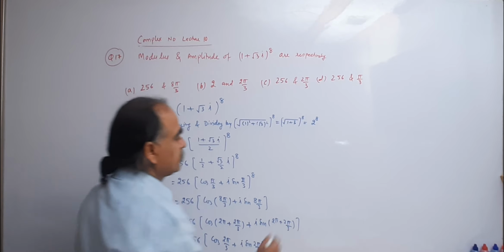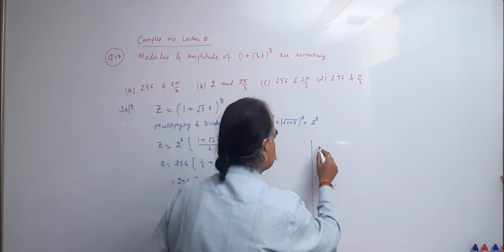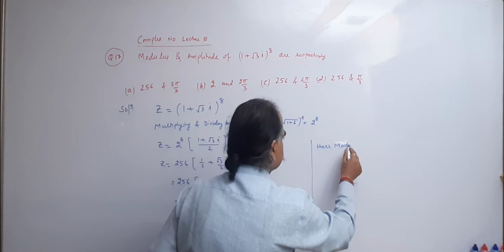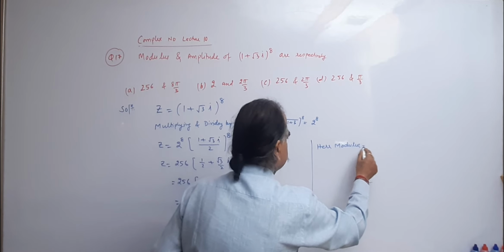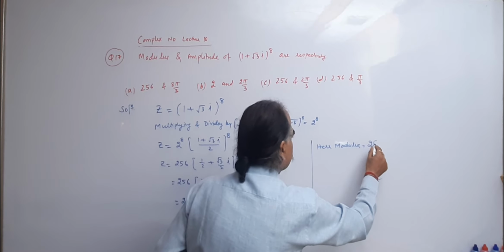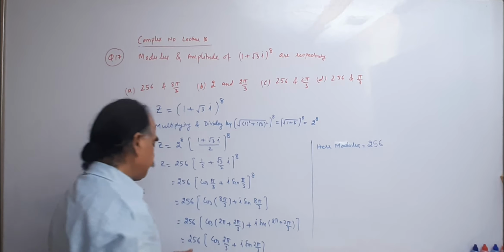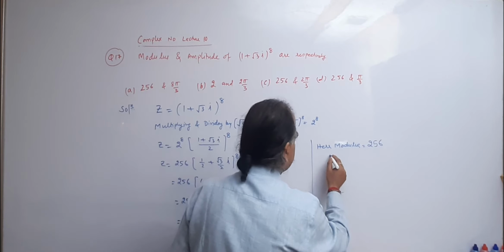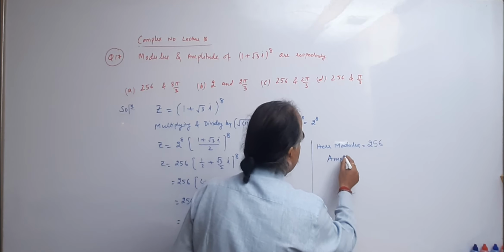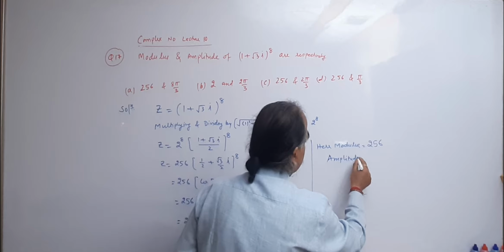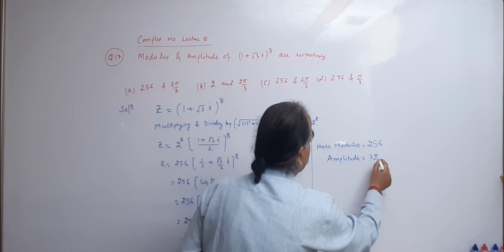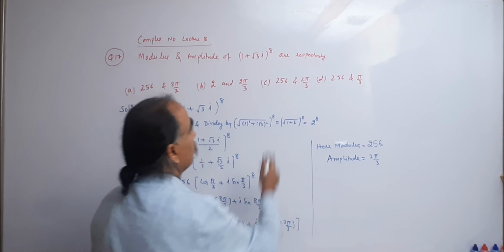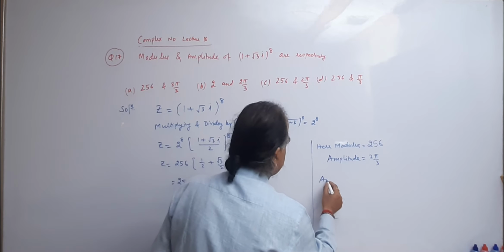So here the modulus is 256 and the amplitude is 2 pi by 3. The answer is C.